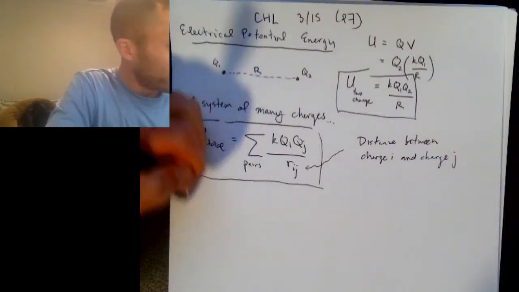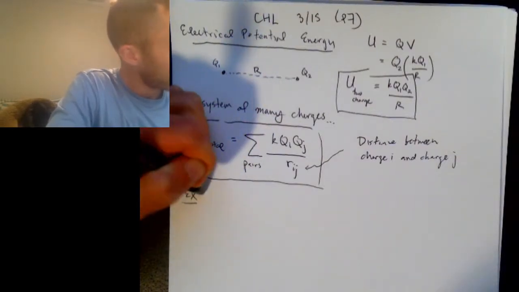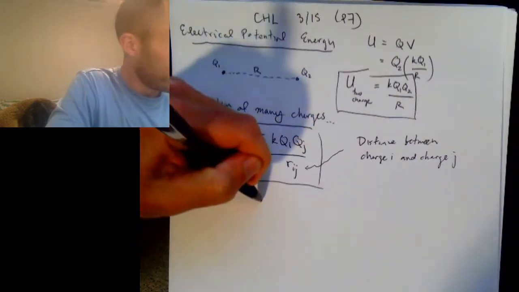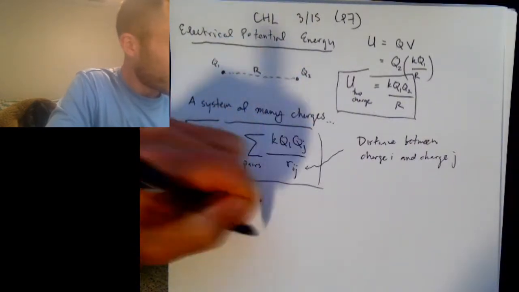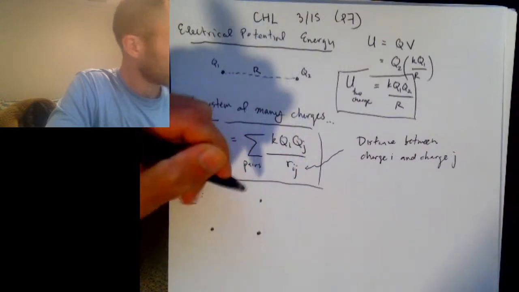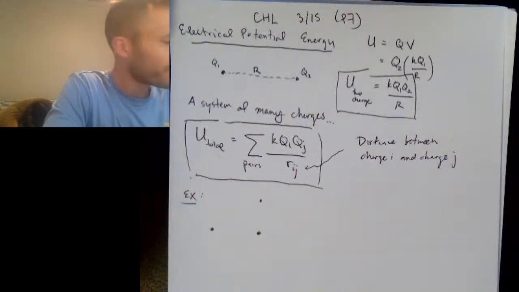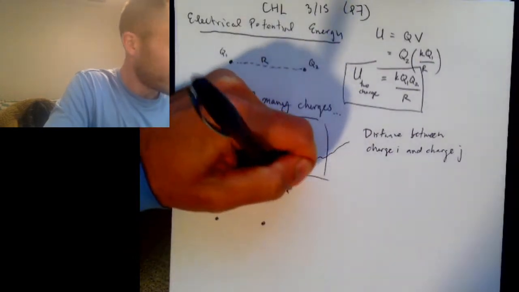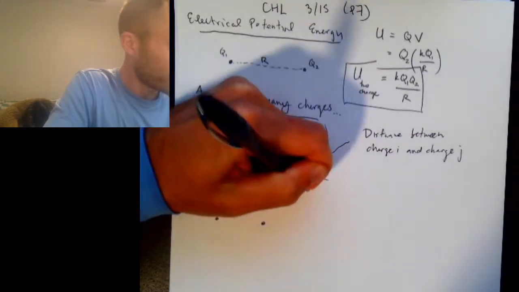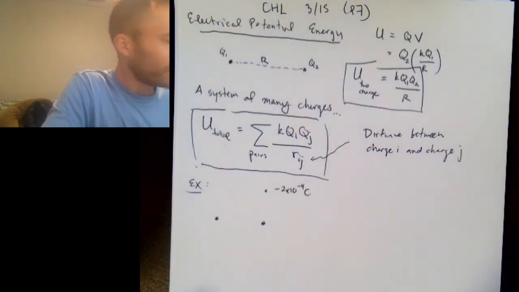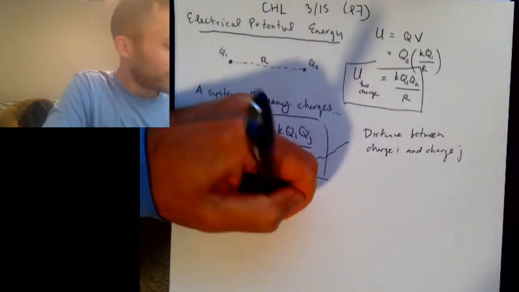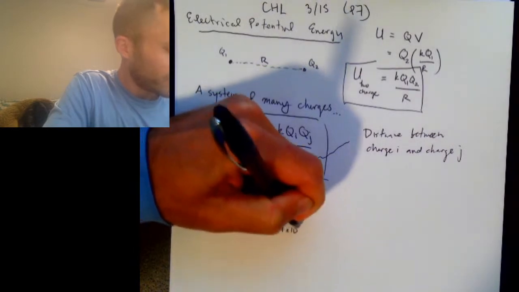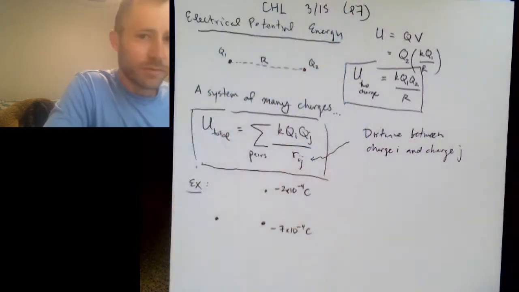So let's do an example. The example is going to be fairly simple. We've got a right triangle of charges. This is a -2 times 10 to the -4 coulomb charge. This is a -7 times 10 to the -4 coulomb charge.